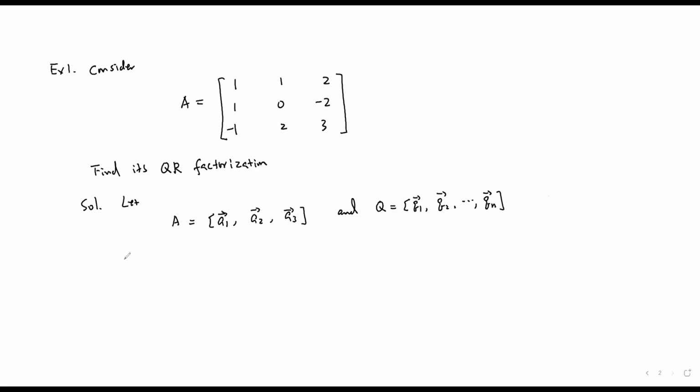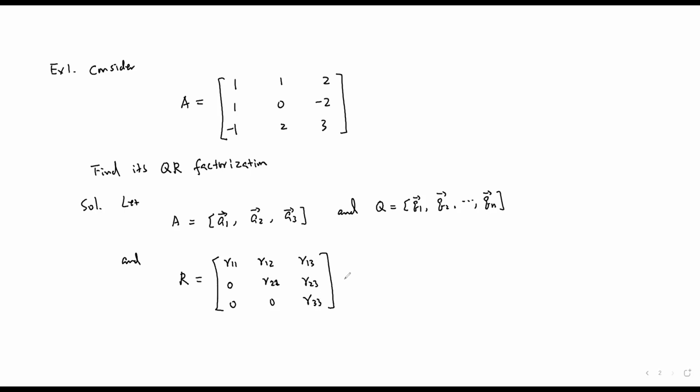And also I let R be an upper triangular matrix: R11, R12, R13, then 0, R22, R23, 0, 0, R33.